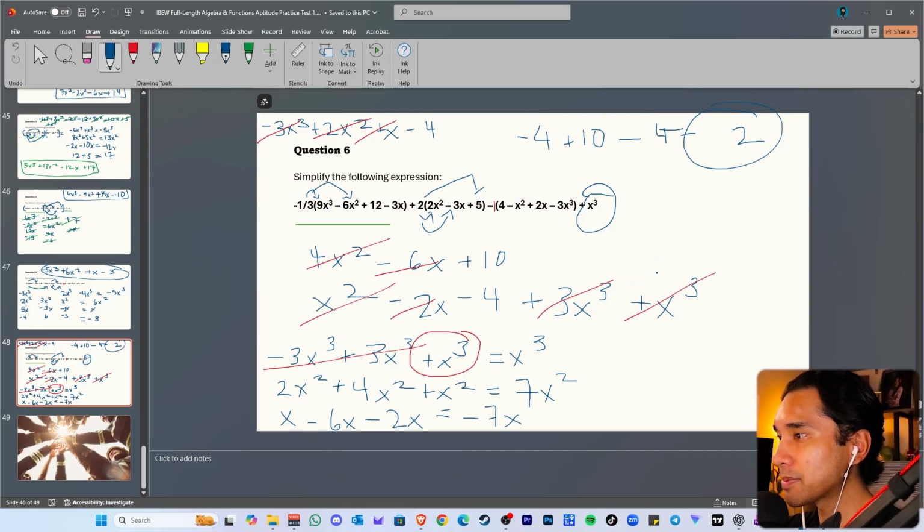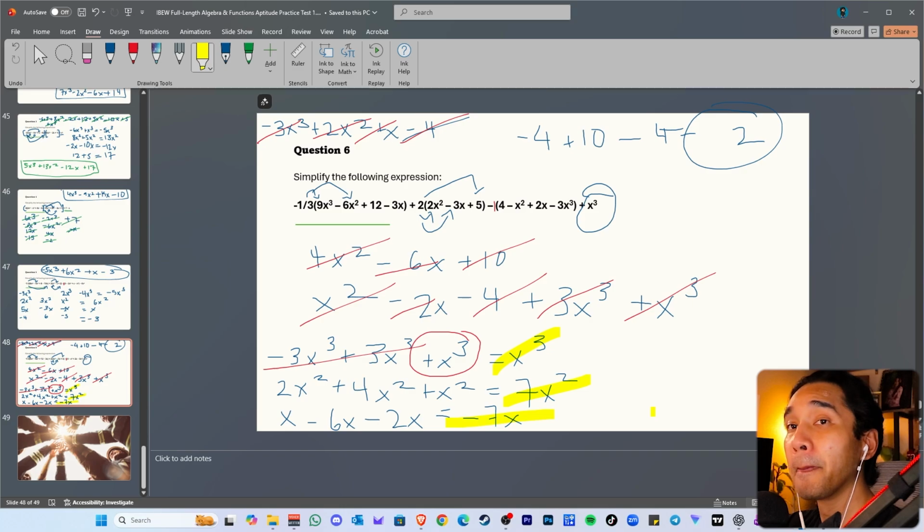So for our final expression, I'm going to cross these out for the sake of visualizing that there's nothing else. We didn't miss anything. All these terms are accounted for. So our final answer will be x cubed plus 7x squared minus 7x plus 2.